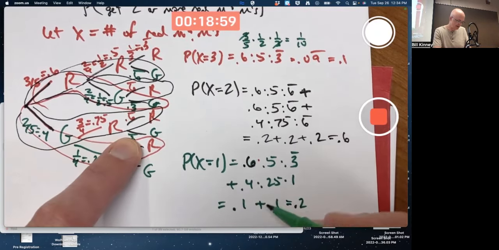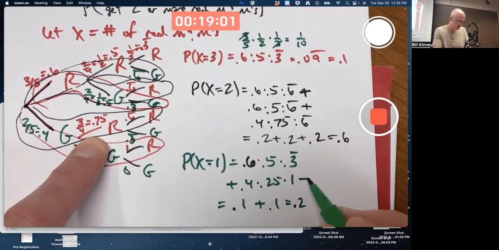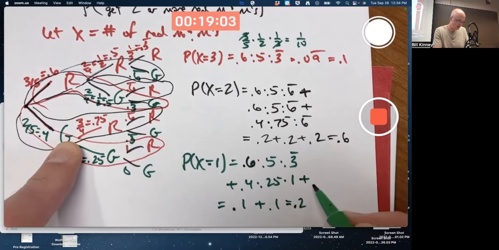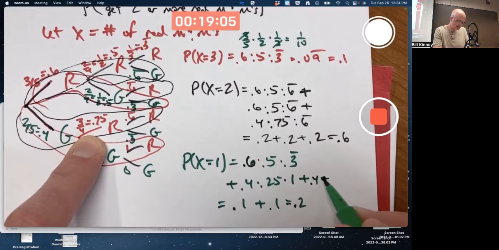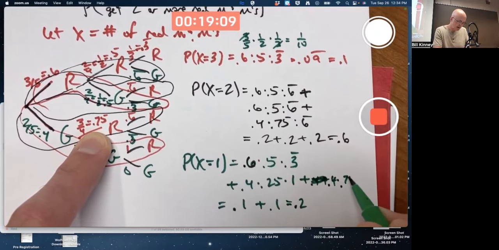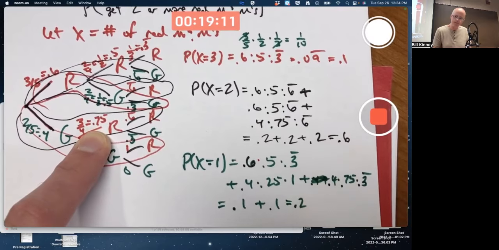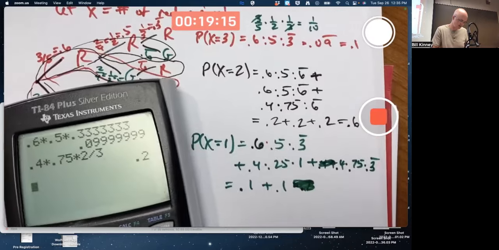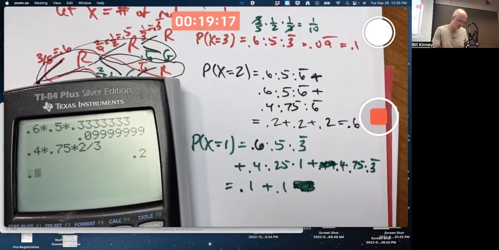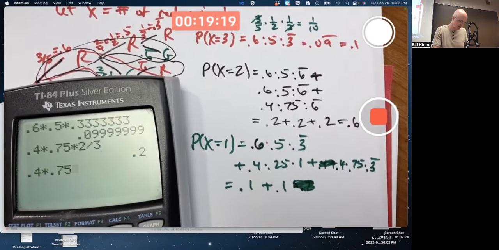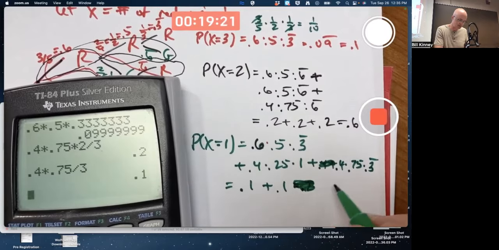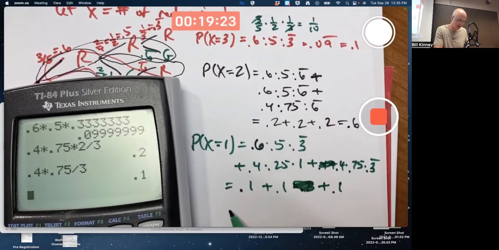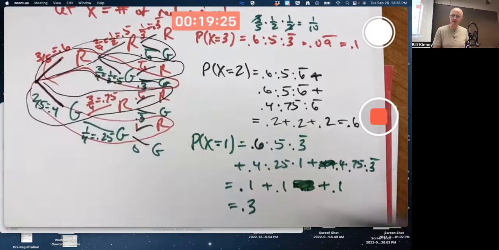Missed that path. Okay, thank you. 0.4 plus times 0.75 times 0.3 repeating. Should be hopefully another 0.1. Let's just make sure. 0.4 times 0.75 divided by 3. Oh yeah, okay, I can see that other one was 0.2. This is 0.1, so yes, 0.3. Thank you.